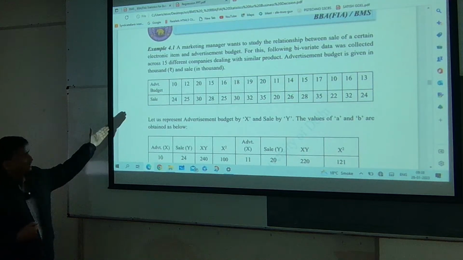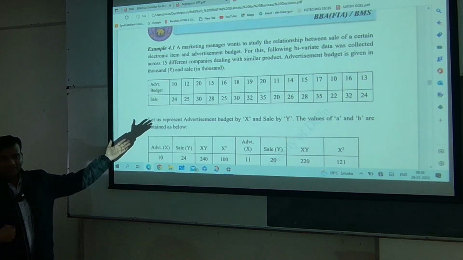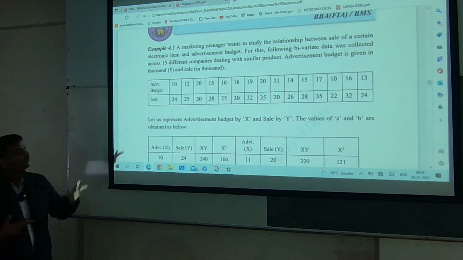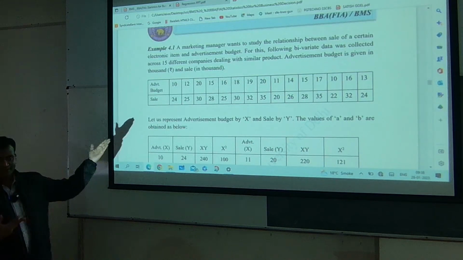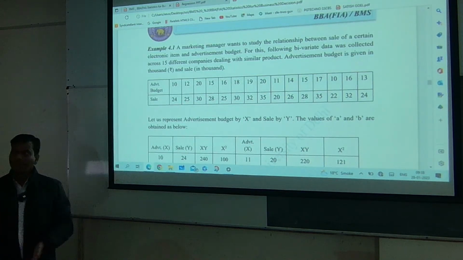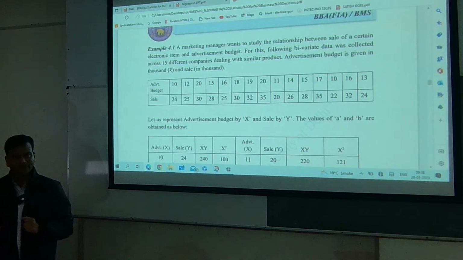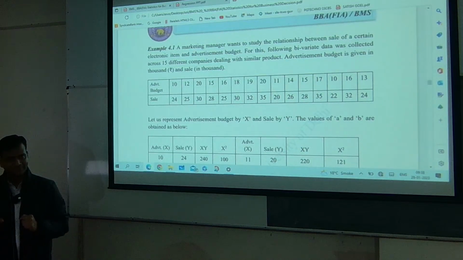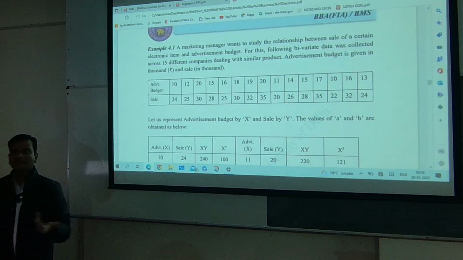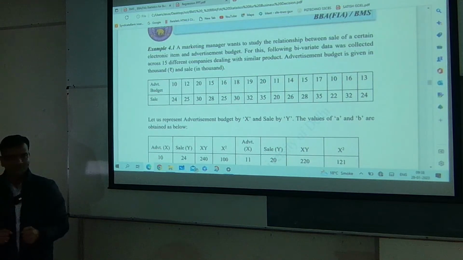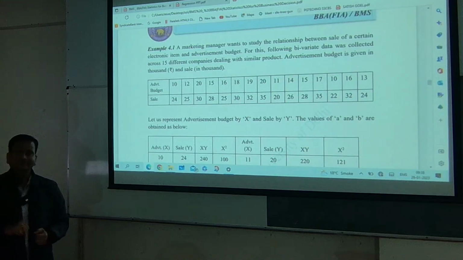Now we have sample data. Whenever you have to find a relationship, like between height and weight of the entire DU students, there are 2 lakh students, suppose, and I cannot find the height and weight of all 2 lakh students. So I would take only a sample.